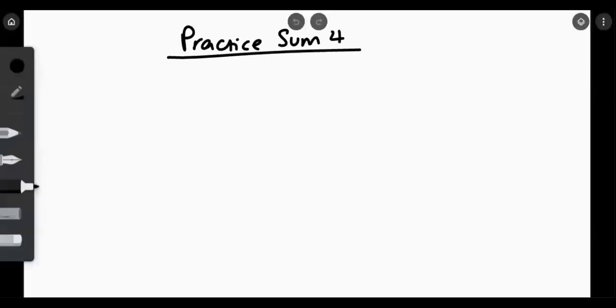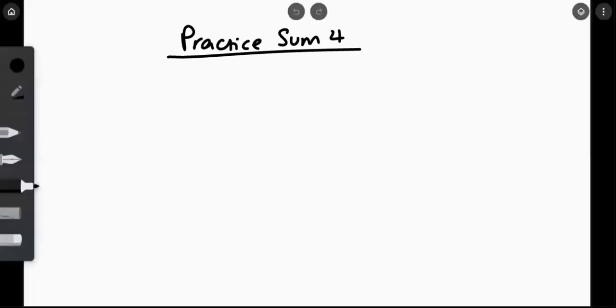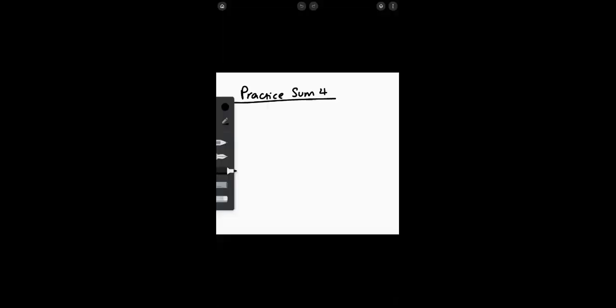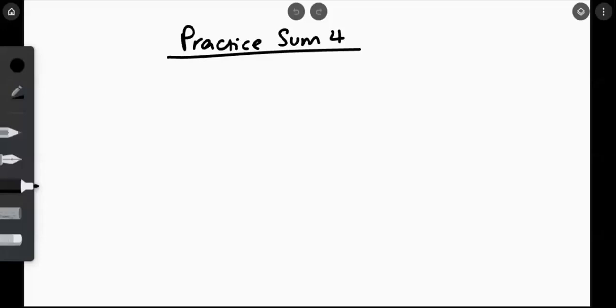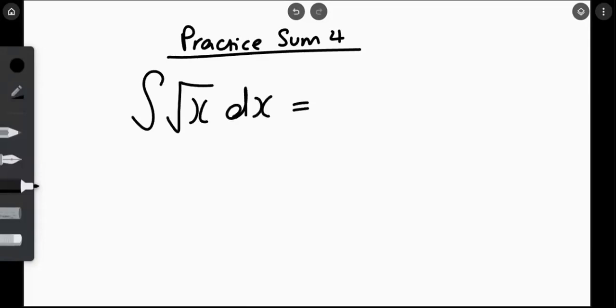So it will be about, yeah, just the square root, so it will be like this. Okay, this one I'll give 1 minute 30 seconds, and your time begins now.